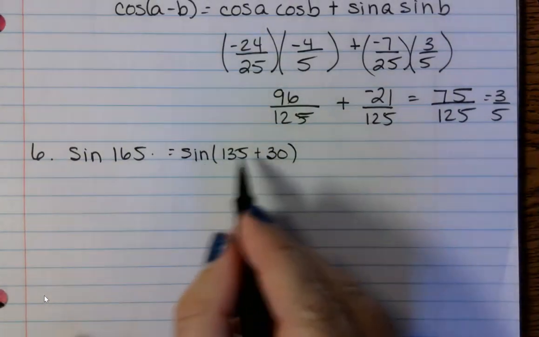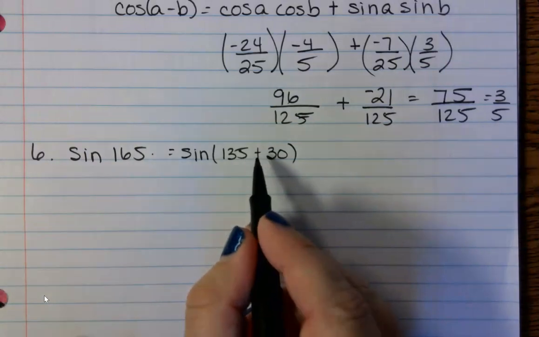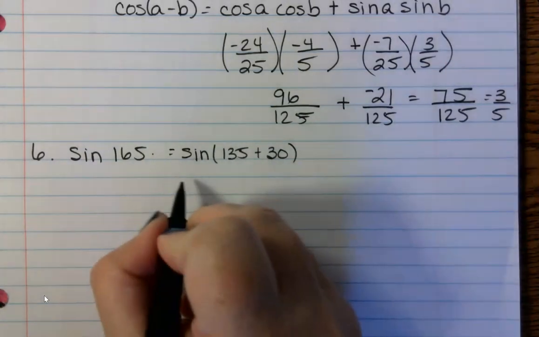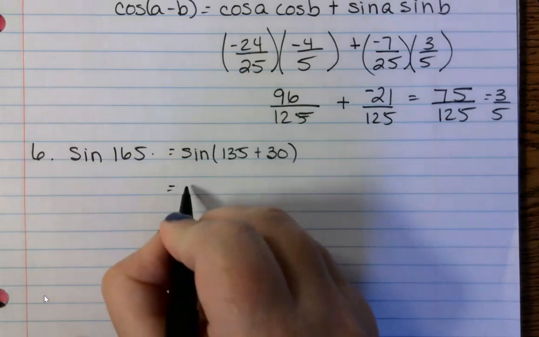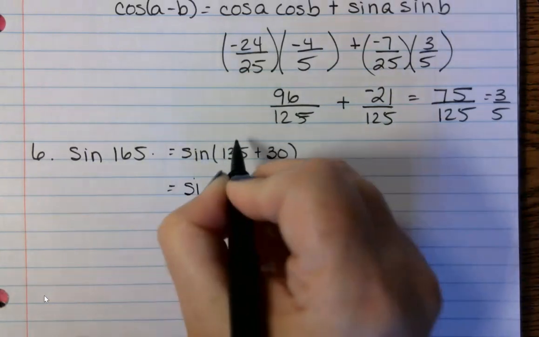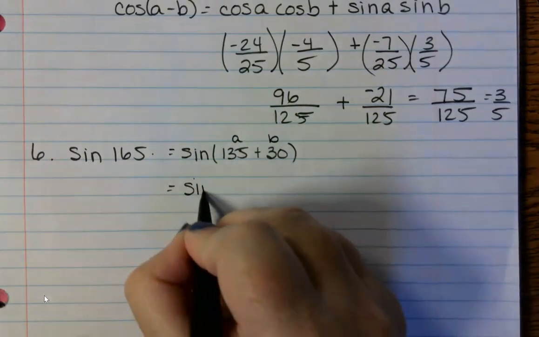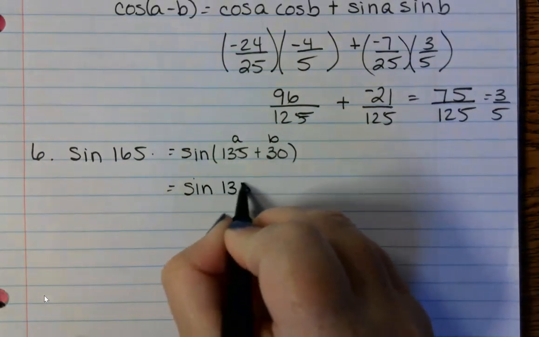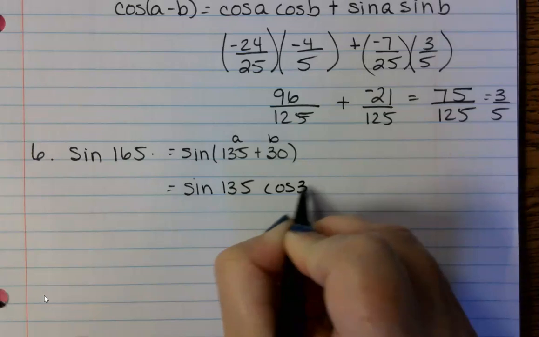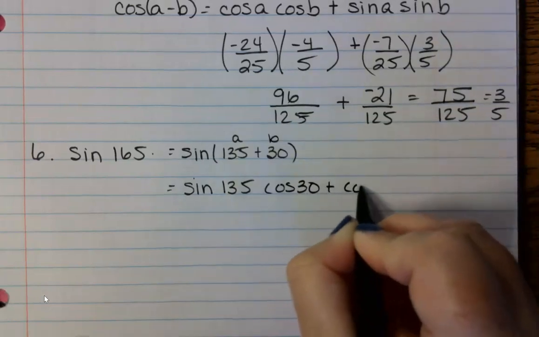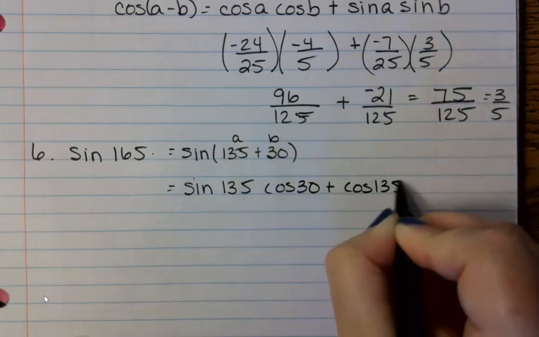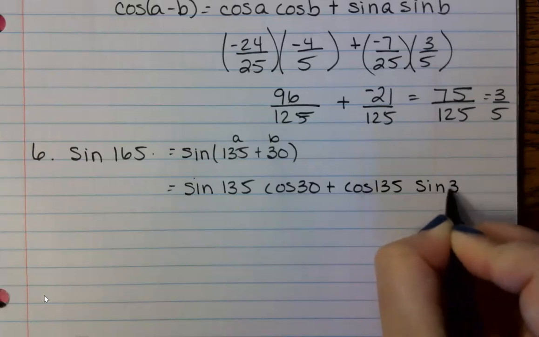I was going to use the sine formula anyway. Because it's a plus, I'm using the plus one. So it would be sine, and I'm going to let 135 be my A and 30 be my B. So sine, cosine, cosine, sine.